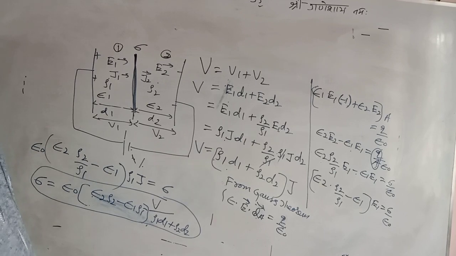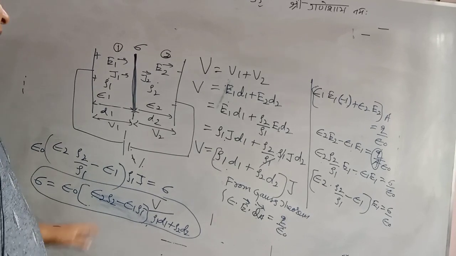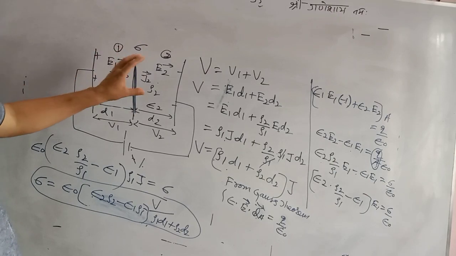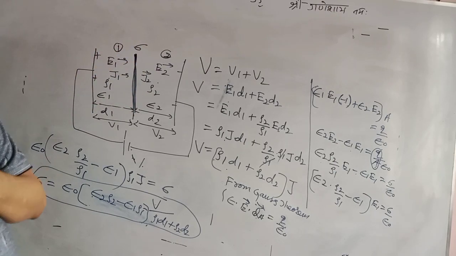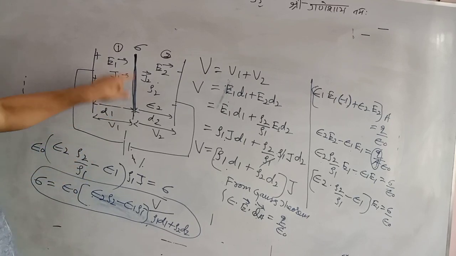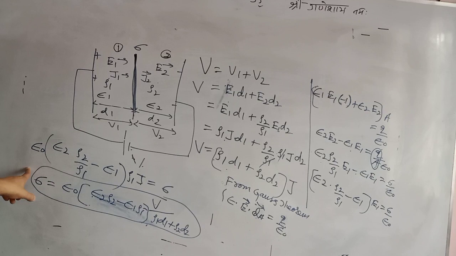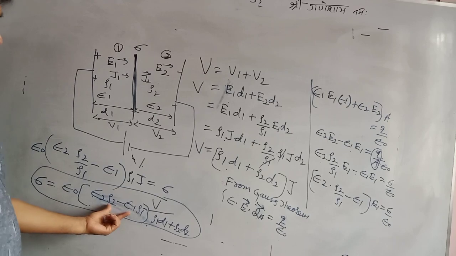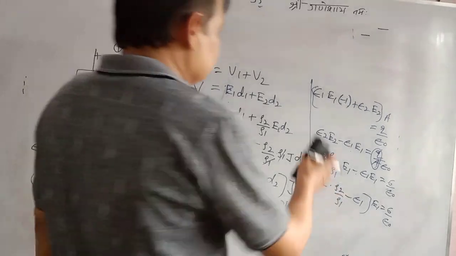Sometimes the question is asked in the way: what will be the condition if sigma at the boundary, meaning extraneous charge density at the boundary, is 0? Sometimes they ask the condition for sigma 0. If sigma is 0, this one will be 0, I'm just deleting this.